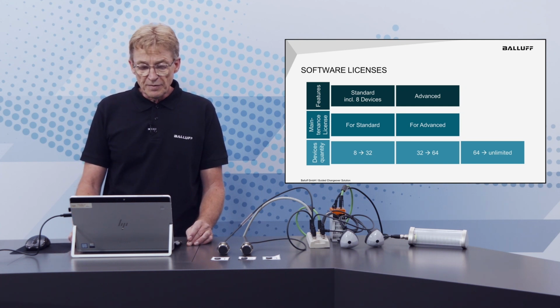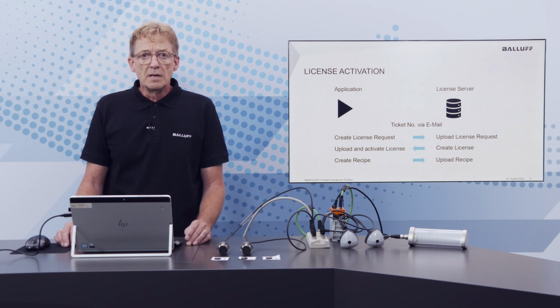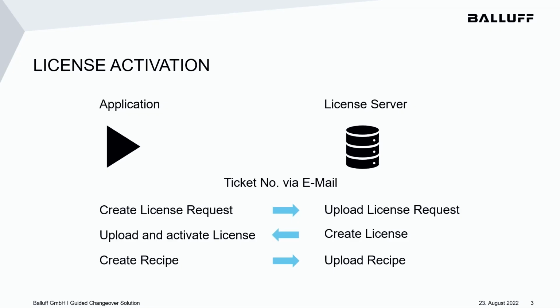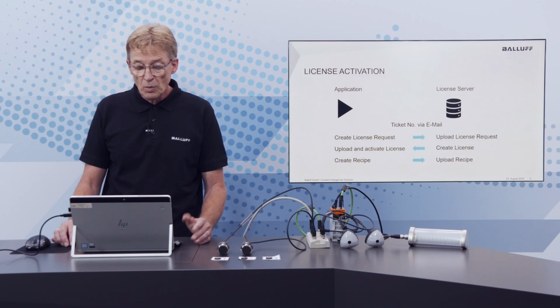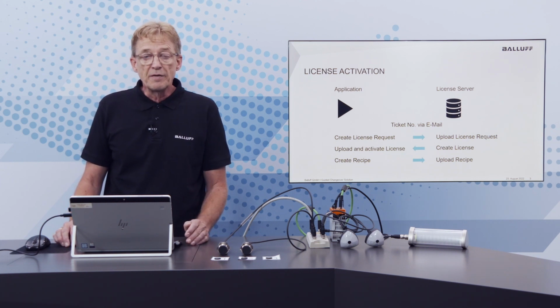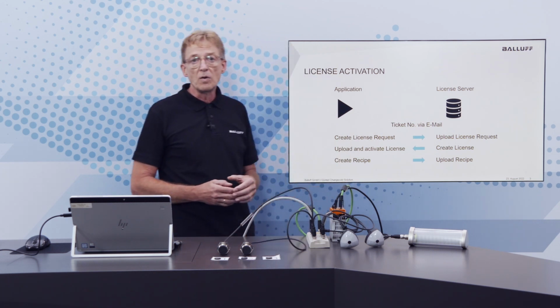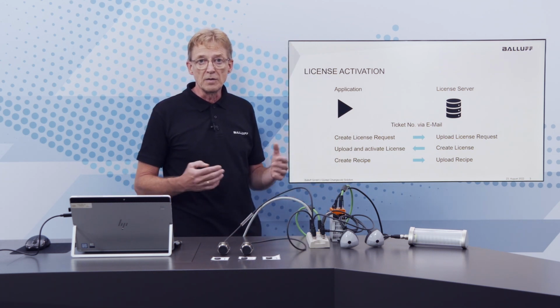All these are based on different licenses. The license procedure looks like this. First of all, if you want to activate a license for different functionalities, you have to get a ticket number from the provider, so from Balluff, about the software you're working with. And this ticket number you have to use on the so-called license server, where all the possible licenses are located.